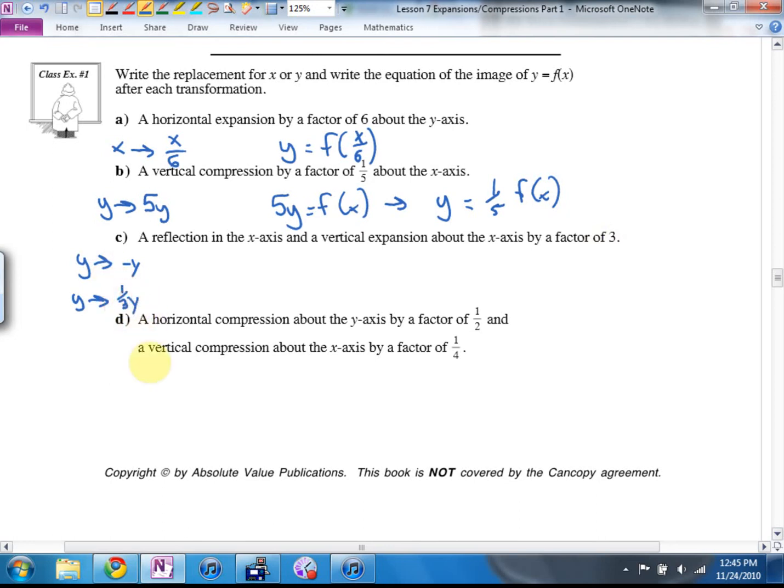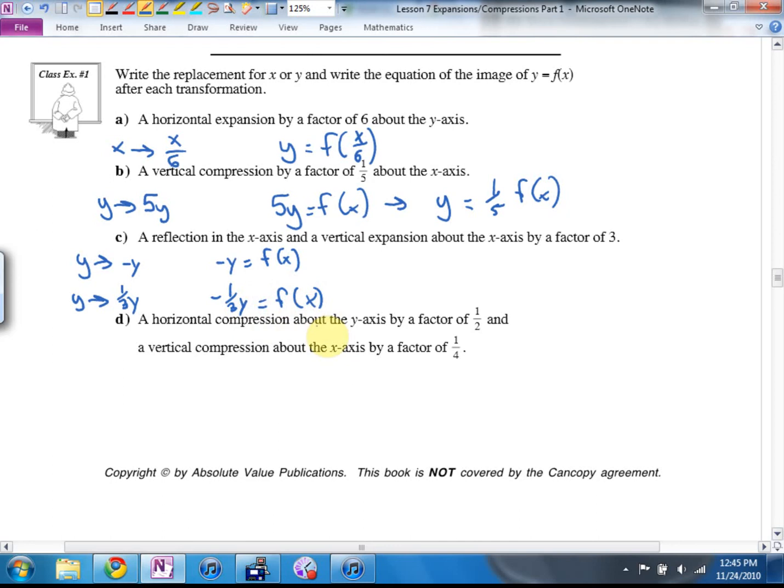So as an equation, I'll get this. First, I would do this replacement. I'll get negative y equals f of x. Then I would do this replacement. I'll get negative 1/3 y equals f of x. I'm okay with that format, but almost always they're going to want us to get the y by itself.